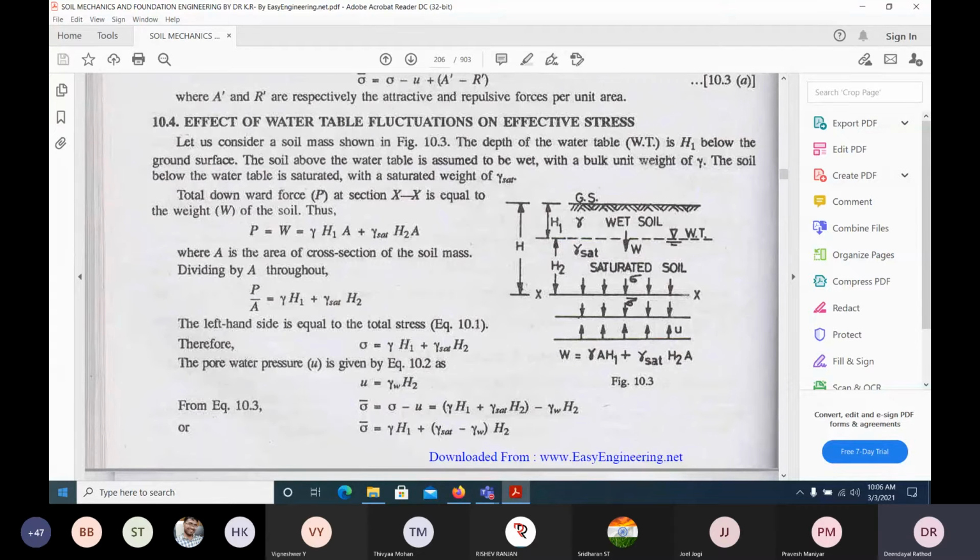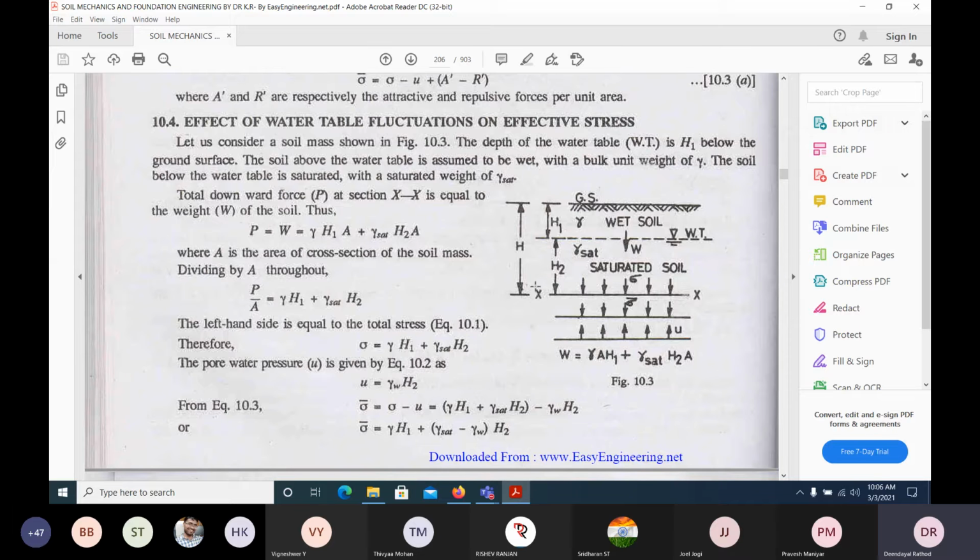So here is the ground, and the ground surface soil is wet. Here is the water table, at a depth of H1 you can say. This whole soil below is saturated, understand?